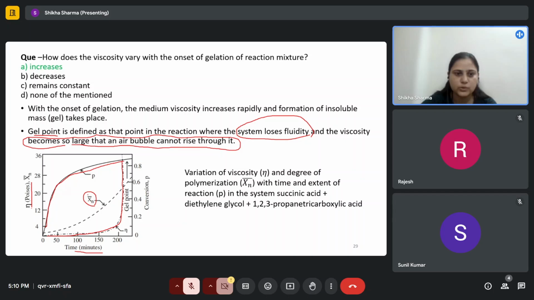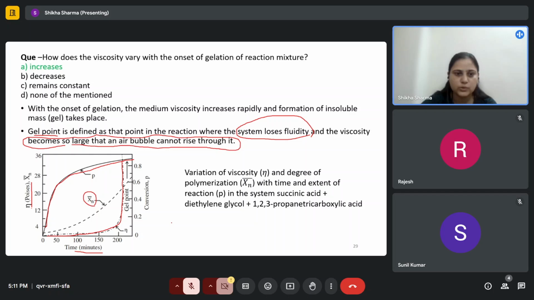Initially it is very high, when the reaction initiates the value of P is very high, but when the reaction has been going on for a long time, it slowly becomes constant, right?